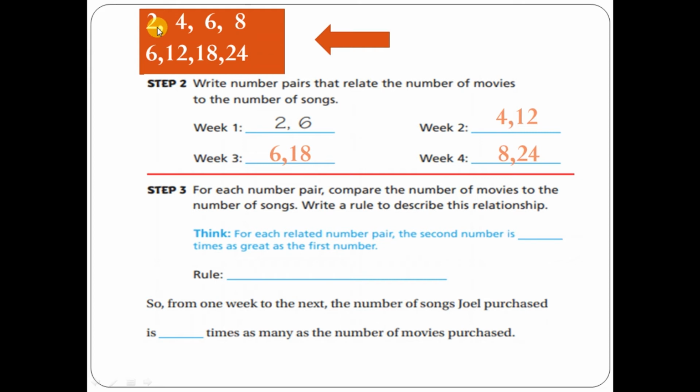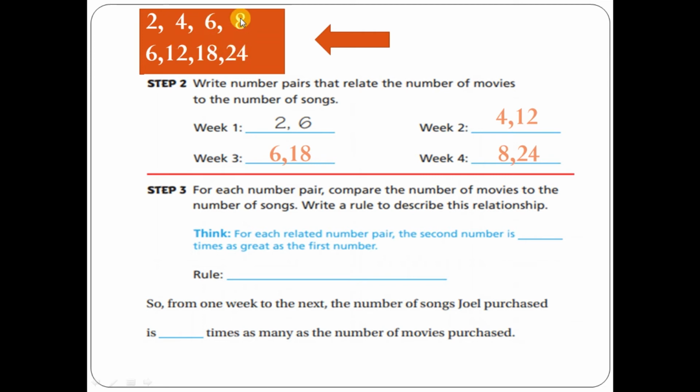I said in most cases, it will be a multiplication rule. So, let's see. 2 times what will give me 6? Say the times table of 2: 2, 4, 6. So it is 3. You multiply by 3. So try to multiply this number by 3. 4 times 3 equals 12. 6 times 3 equals 18. 8 times 3 is 24.